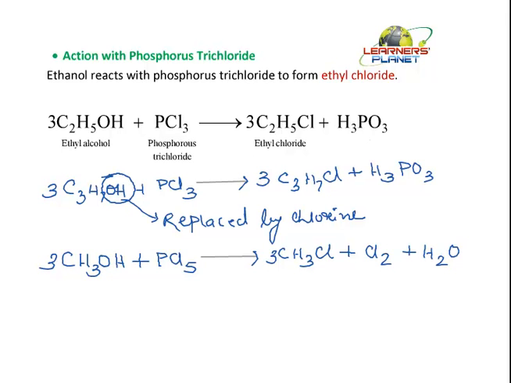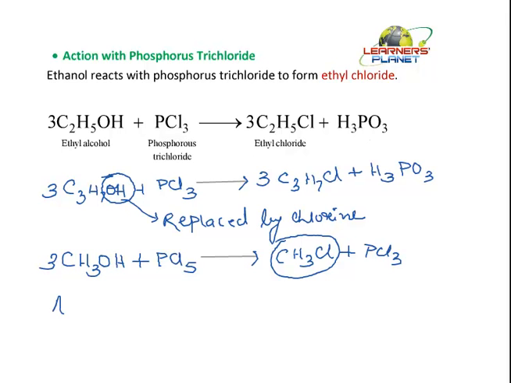It will not give the Cl2, it will give PCl3, tries of HCl. The byproduct would be PCl3. So in case of PCl5, I am getting CH3Cl and PCl3. So what is happening here? Our main product remains the same, that is an alkyl chloride.